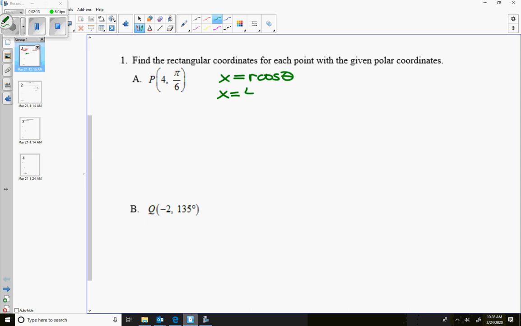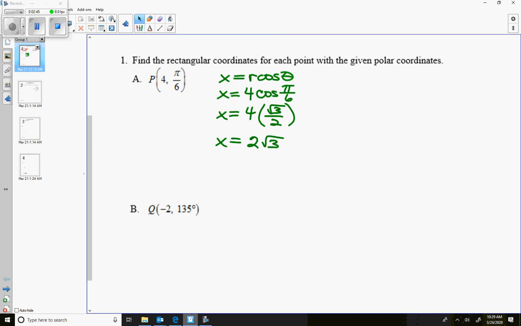In this case, my r is 4 and the theta is pi over 6. Now it requires your knowledge of your unit circle. What is the cosine of pi over 6? Square root of 3 over 2. Do the arithmetic. X is 2 square roots of 3. Do the same idea for y.